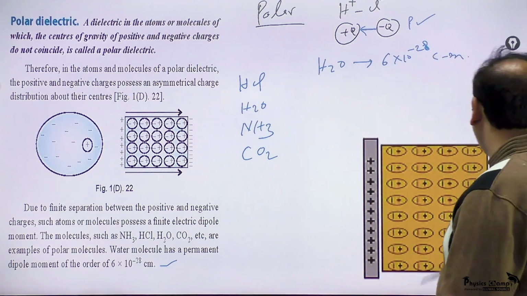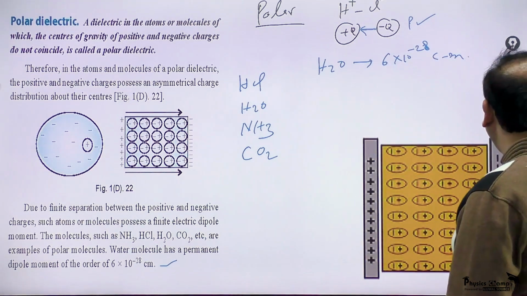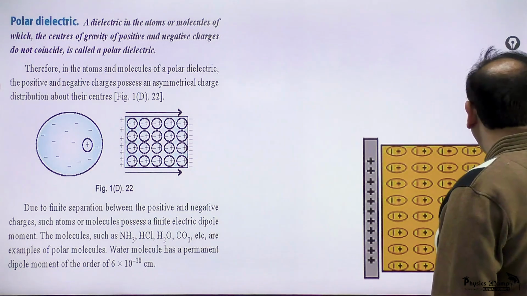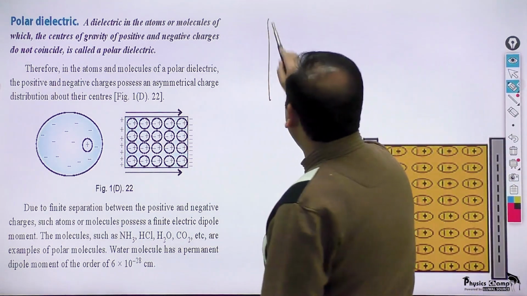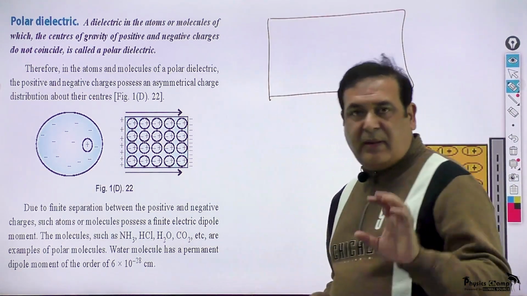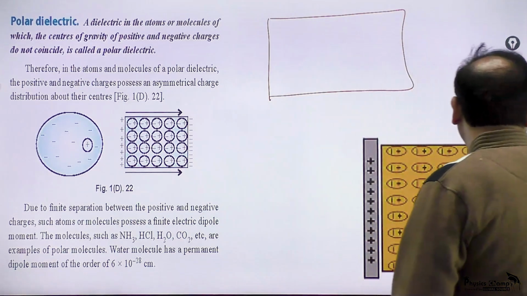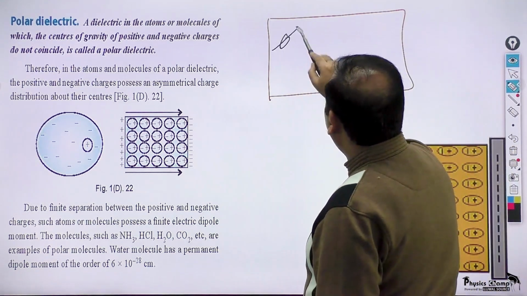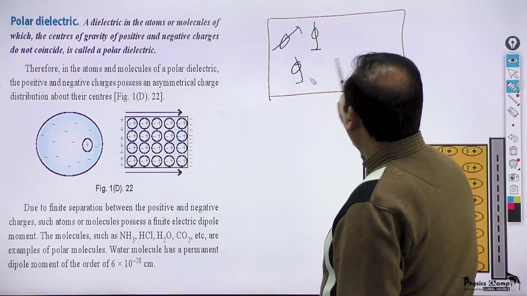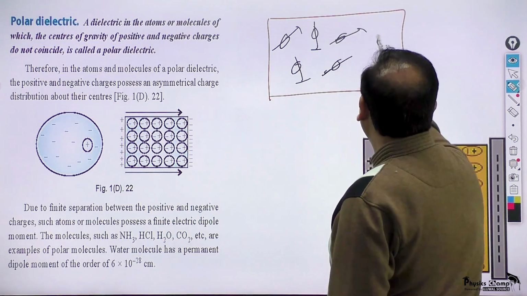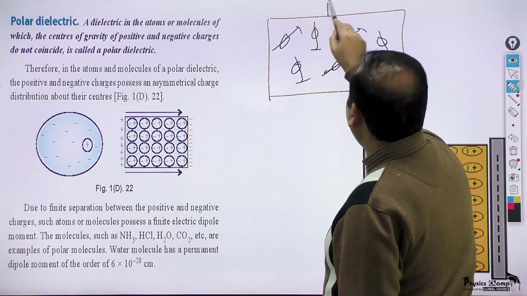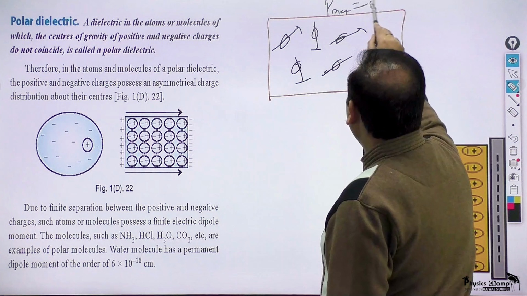But in the absence of an external electric field, the net dipole moment may not have a finite value. These electric dipoles are randomly oriented, so the net dipole moment is 0.